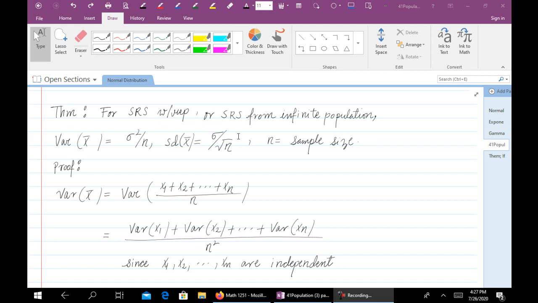So in both of these cases, sampling with replacement or sampling from an infinite population, the observations x1 up to xn will be independent. So we can express the variance of the ratio x1 plus x2 plus dot dot dot plus xn over n as the sum of the variances of the individual observations divided by n squared.